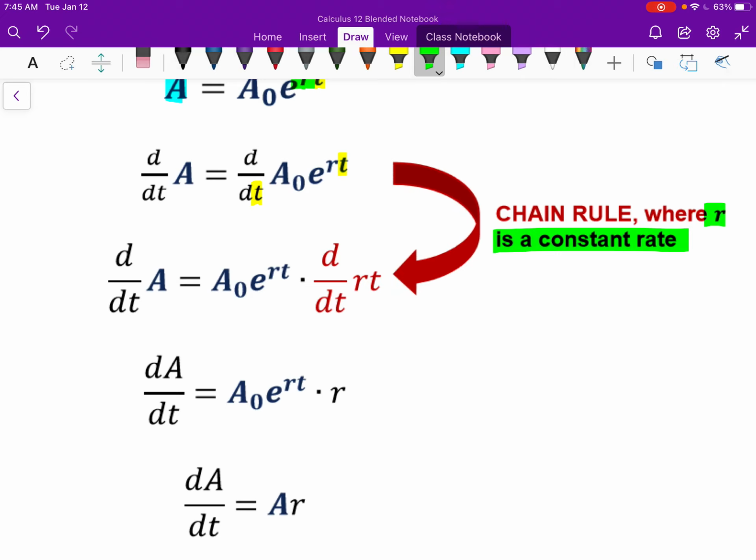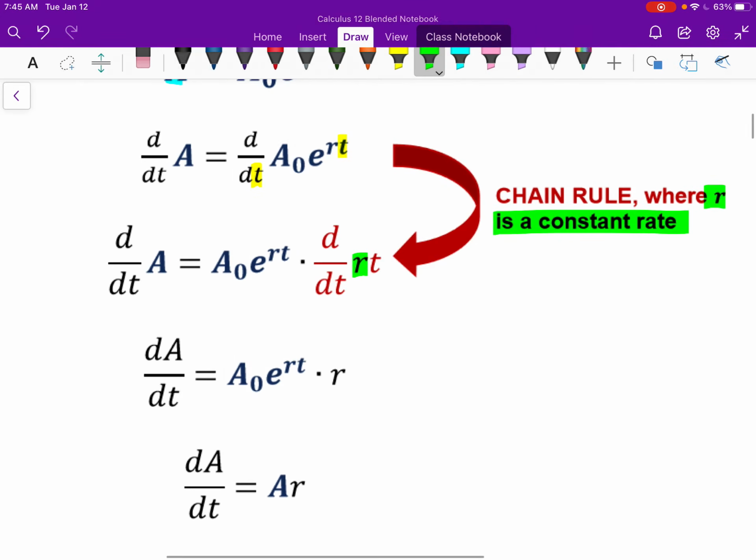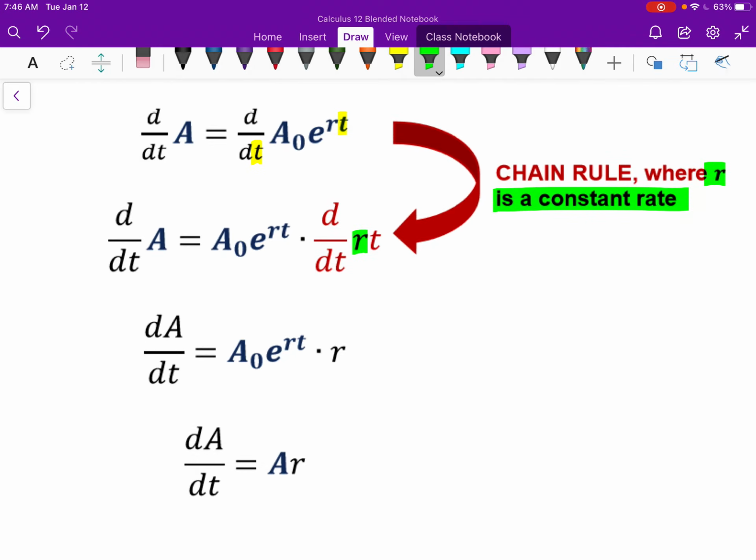The derivative of the exponential function with base e is unchanged, times the derivative of the inside function. But the inside function is a linear function because R is a constant, and the derivative of a constant times t, or of a linear function, is just its slope. So all of that there in red is just R. The d/dt of Rt is just R.